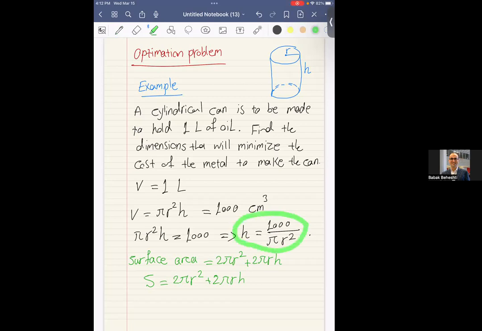So if I want to rewrite S in terms of R only, S is a function of R. S of R is 2 pi R squared plus 2 pi R times 1,000 divided by pi R squared.